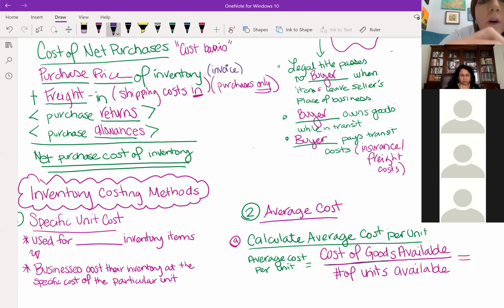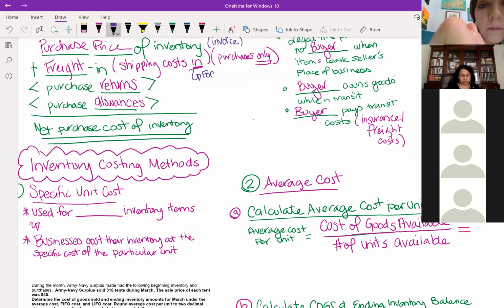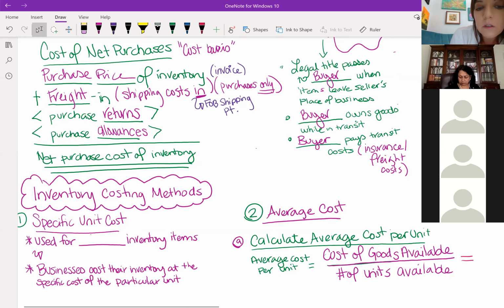So if the terms were FOB shipping point, and we had to pay for those goods to arrive at our facility, we're going to include the freight costs as well as the insurance costs in transit as part of the cost of inventory.